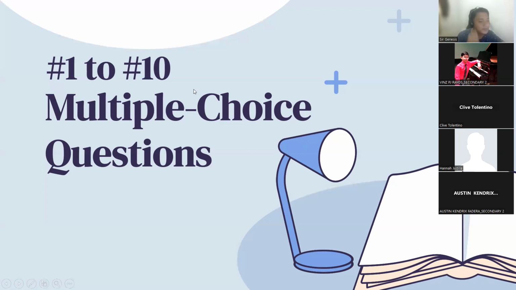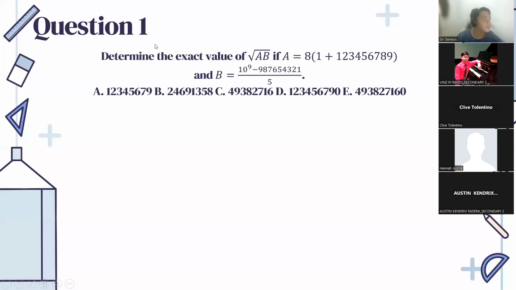Okay, so anyways, let's start with number 1. Determine the exact value of square root of AB if A is equal to 8 multiplied to 1 plus 1, 2, 3, 4, 5, 6, 7, 8, 9, and B is equal to 10 raised to 9 minus 9, 8, 7, 6, 5, 4, 3, 2, 1 divided by 5.